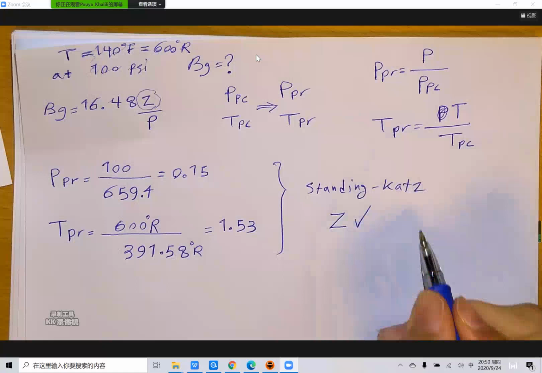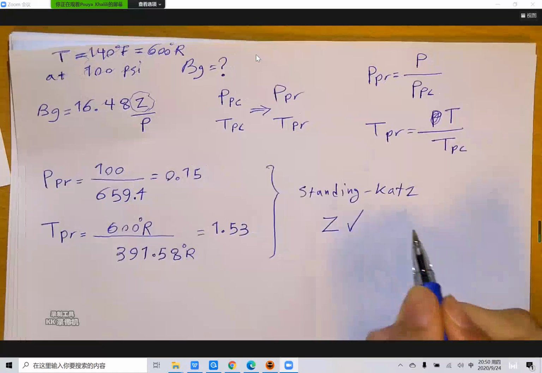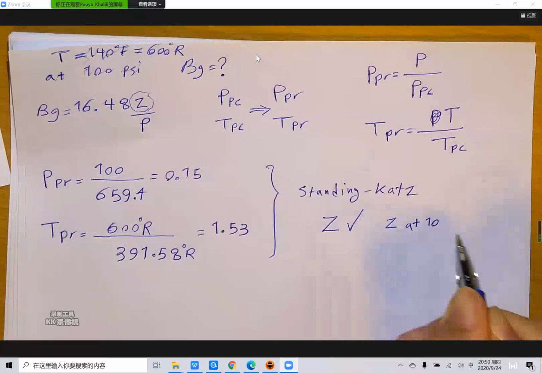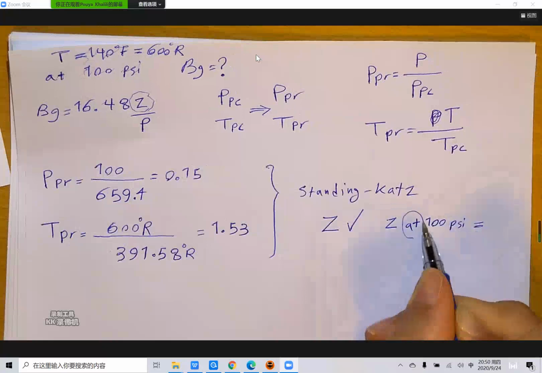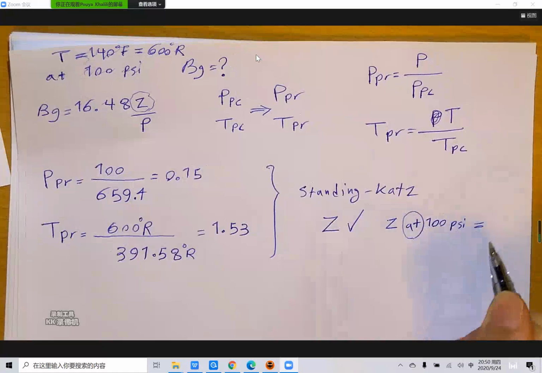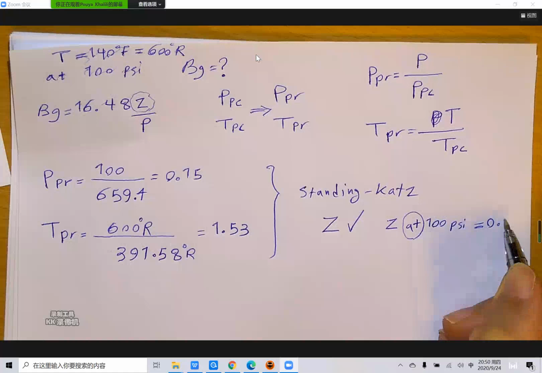The compressibility factor at 100 psi is equal to 0.985.